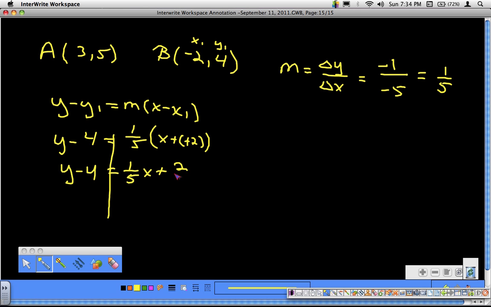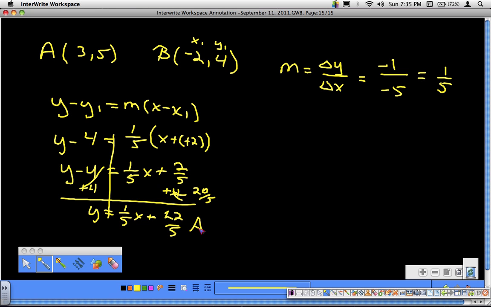And then simplify and finish by adding 4 to both sides. So I'm going to get y equals 1/5 x. And here 4 would be the same as 20/5 if I want to get a common denominator. So I'm going to get plus 22/5. And there's our equation. So this would be the only linear equation that's going to go through those 2 points at the same time.